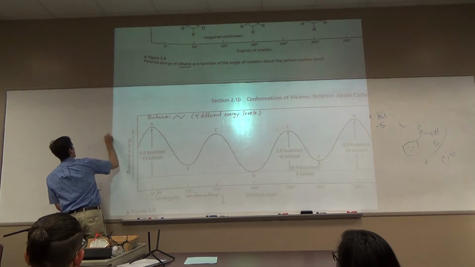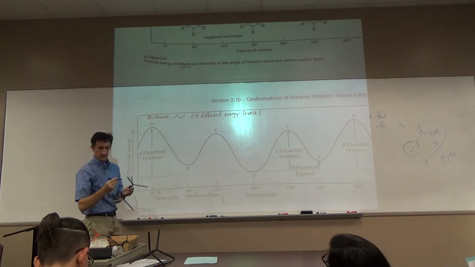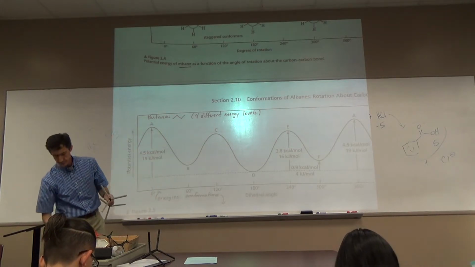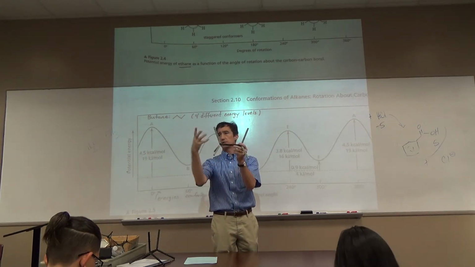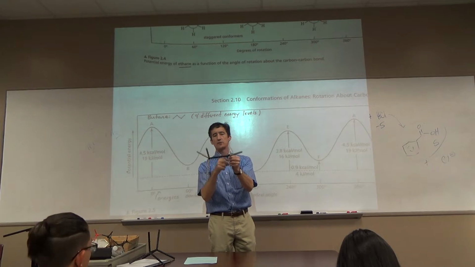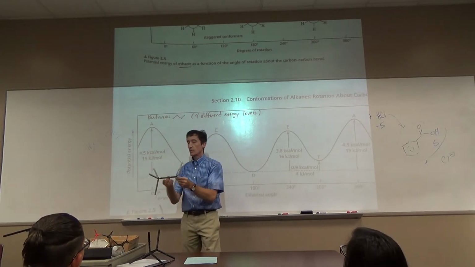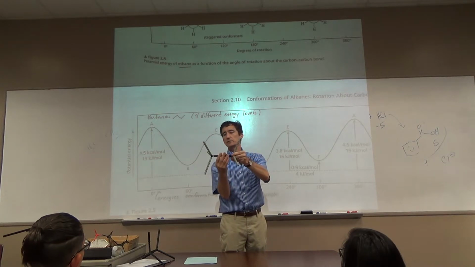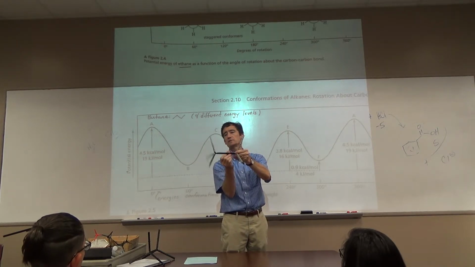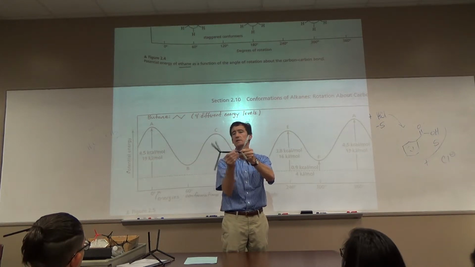CH3, CH3. That's what we've got here. Two carbons, and each carbon has three hydrogens. Sigma bond between two carbons, right? What do we know about the sigma bond? It can rotate. Since it can rotate, now I'm rotating the bond, what does that do to the H's? Rotates them, right? Now usually I'll just do this.